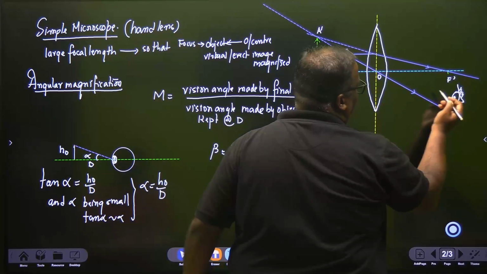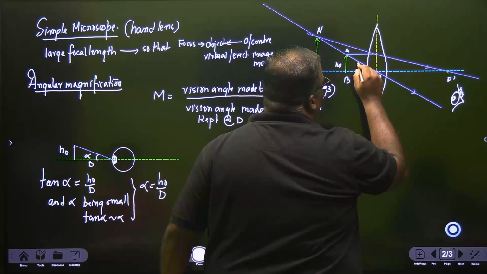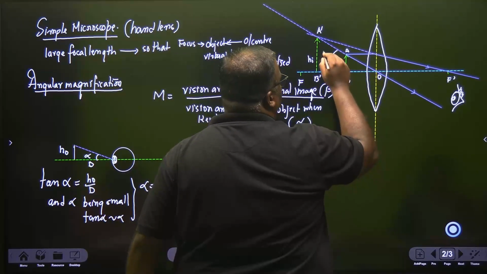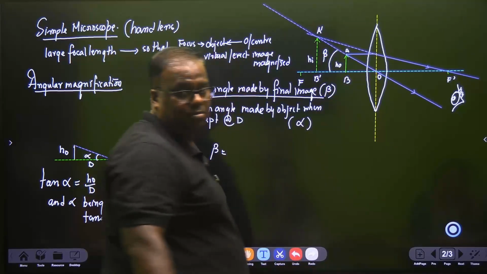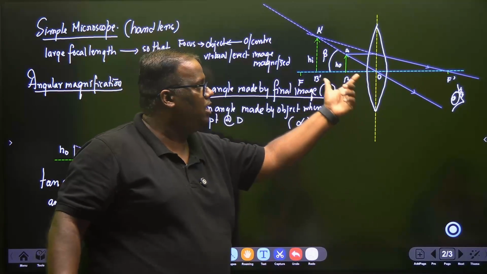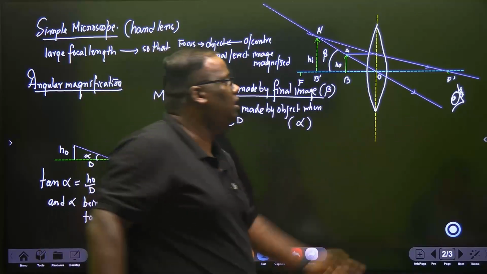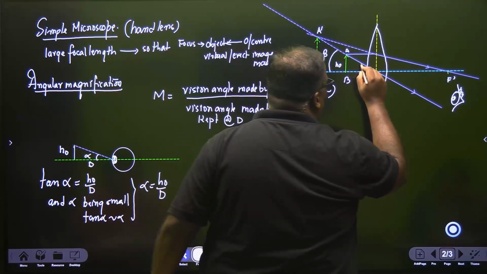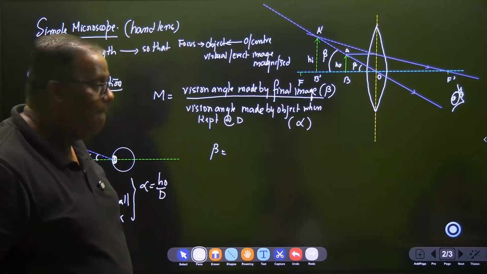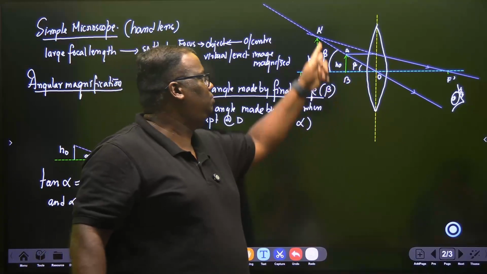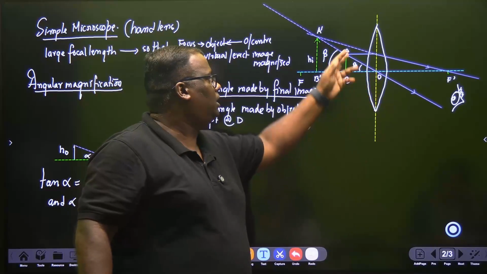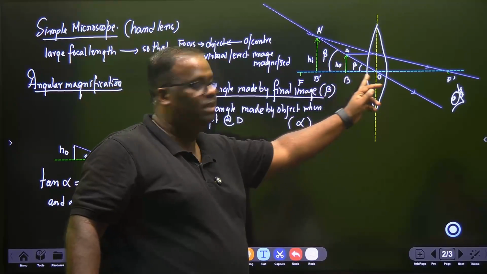So whatever you are seeing from here, can we say that this angle is beta? We can say that. The final image created with the eye means this arrow, this will be going with the eye. If this is beta, don't you think this is also beta? Right? So I can actually say tan of beta is HI by this, or tan of beta is HO by this.